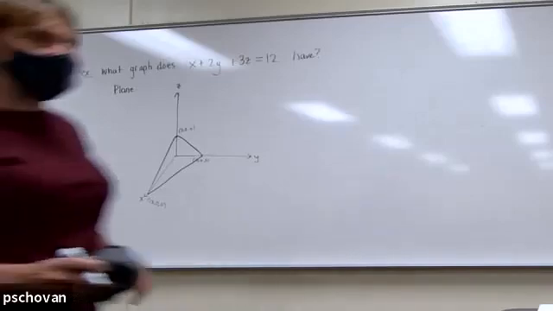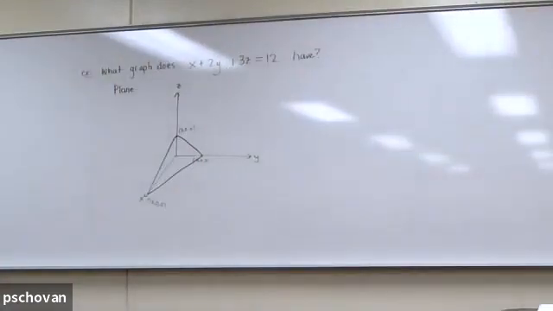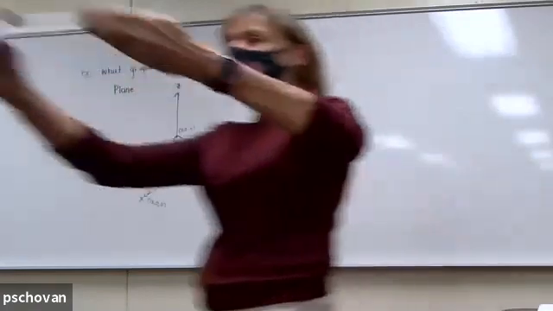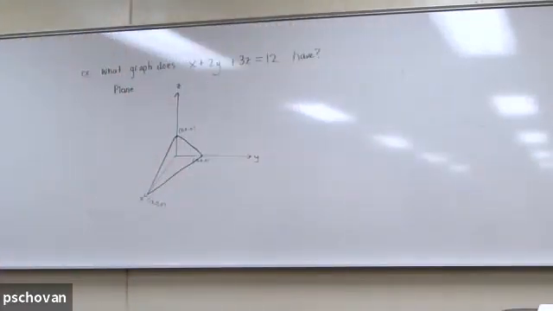Now, in 3 dimensions, we're going to characterize a plane by the slant that it has, similarly to the way we characterize a line by its slope. But in 3 dimensions, I can't name the slope of a plane based upon the lines that are in the plane, because there are infinitely many lines in the plane, all with different slopes.